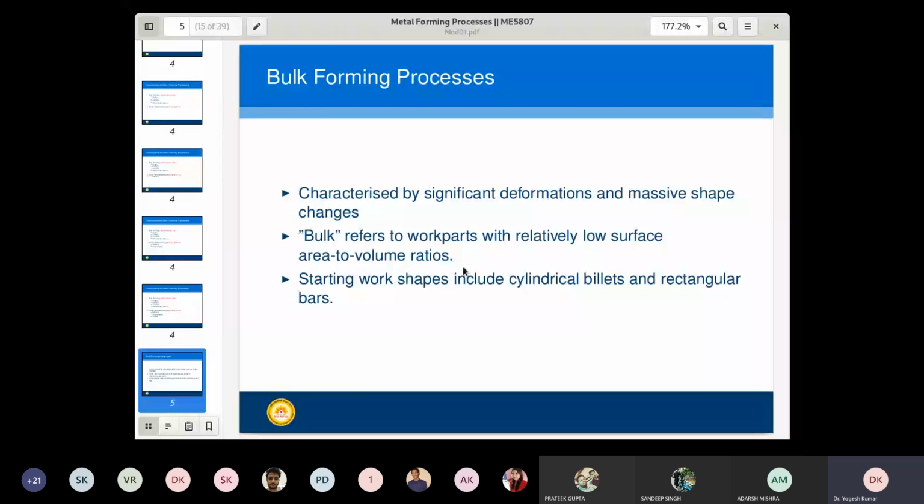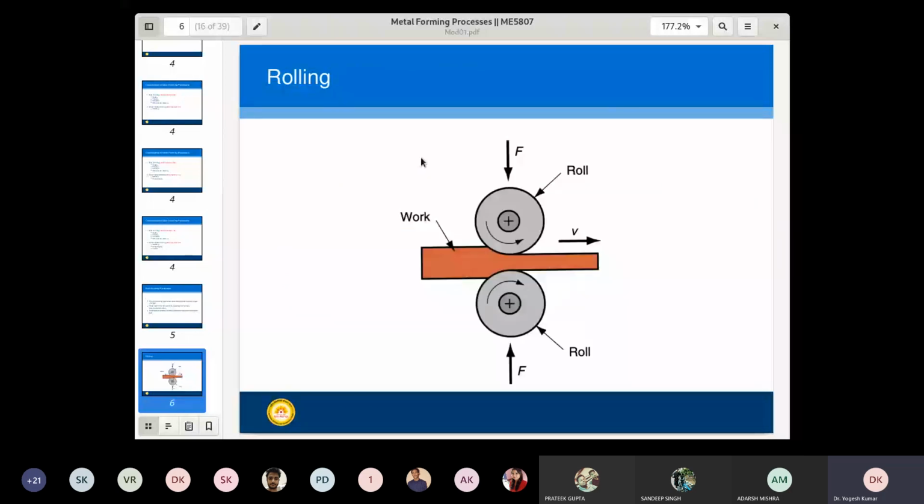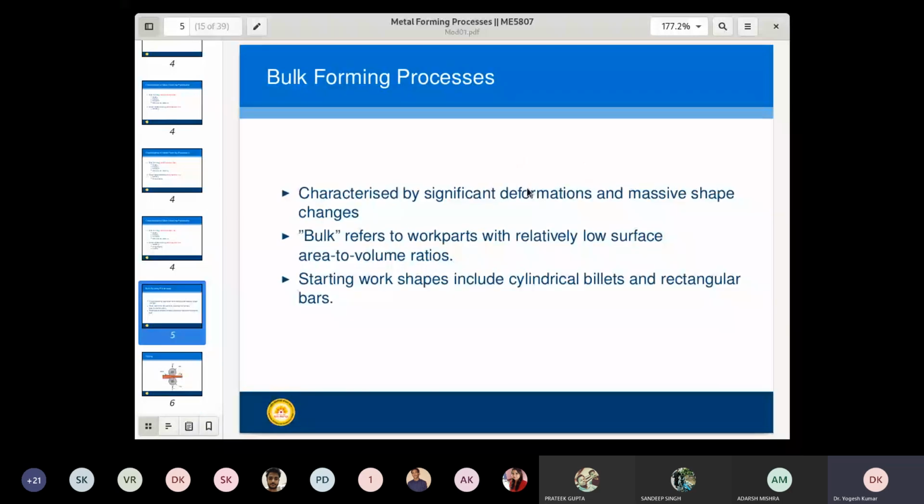Okay. So now we will try to understand bulk forming processes. In bulk forming processes, we already know that the volume to surface area ratio is very high. So bulk refers to the part with a relatively low surface area to volume ratio.